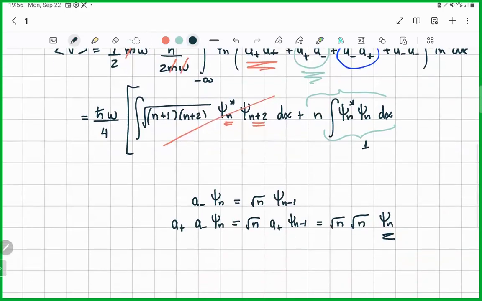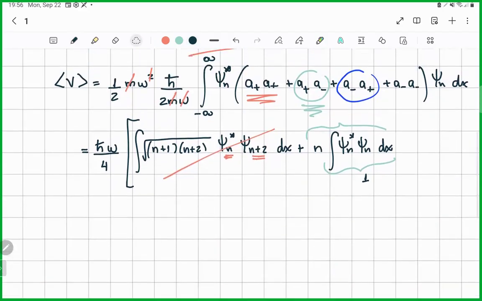Okay, let me remove this, and now we are going to think about the third term. So this term here: first we have a plus adjoint acting on psi n, and this raises it, so we get psi n plus 1.